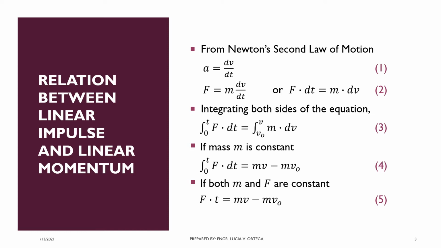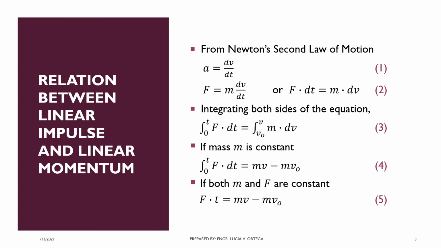Integrating both sides of equation 2, on the left side of the equation is the integral of F dt, the limits being 0 to t. On the right side is the integral of mass times differential velocity, m being constant, with the limits from v sub o, the initial velocity, to v, the final velocity.